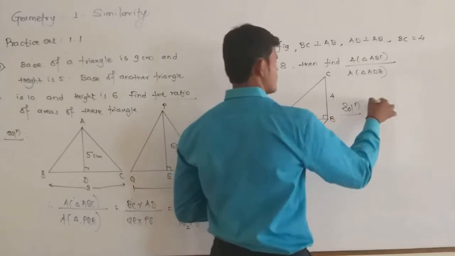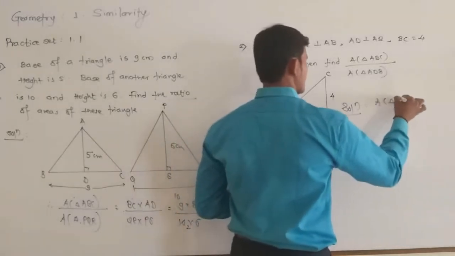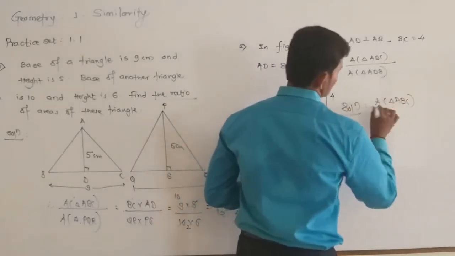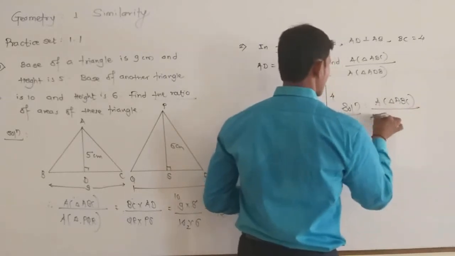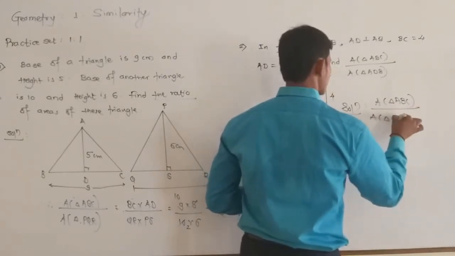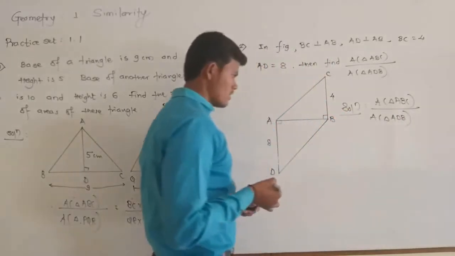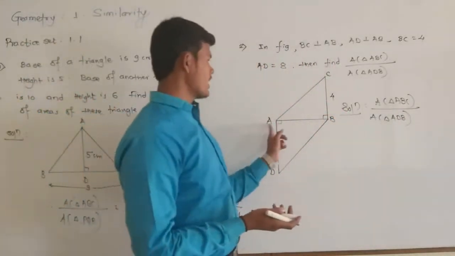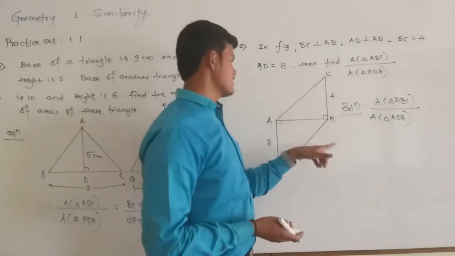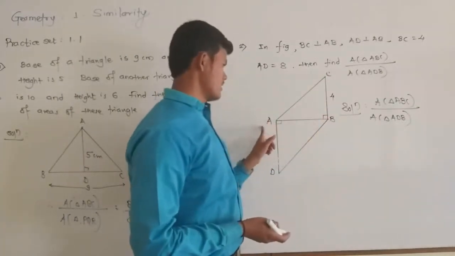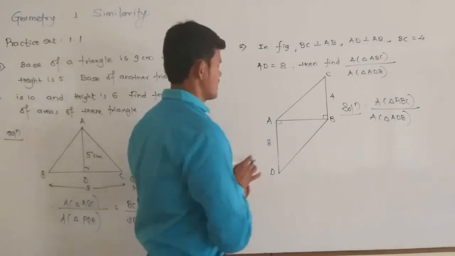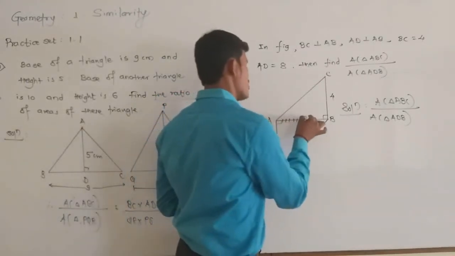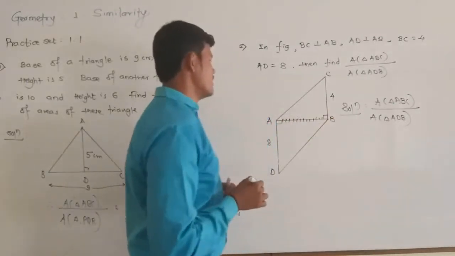To find the ratio of area of triangle ABC to area of triangle ADB. So out of 4 properties, which one is applied here? For triangle ABC as well as for triangle ABD, segment AB is the common base for both the triangles.